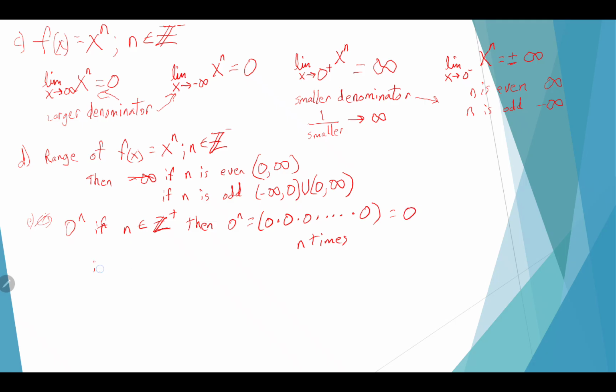If n is in the negative integers, then 0 to the n is equal to 1 over 0 to the negative n, right, because n is negative, which is undefined.